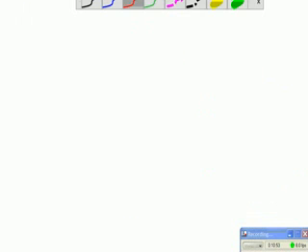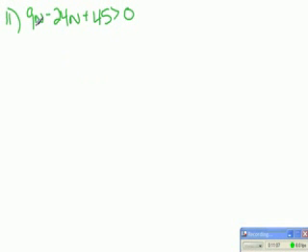Sorry, number 11. Number 11 says 9n minus 24n plus 45 is greater than 0. 9n and negative 24n are on the same side of that inequality sign, right?